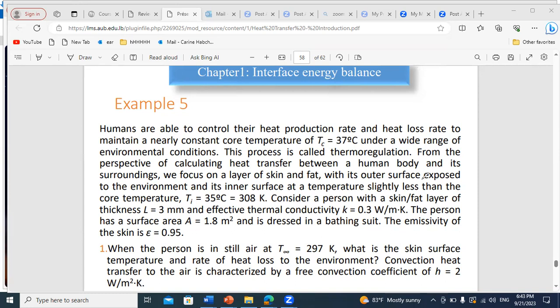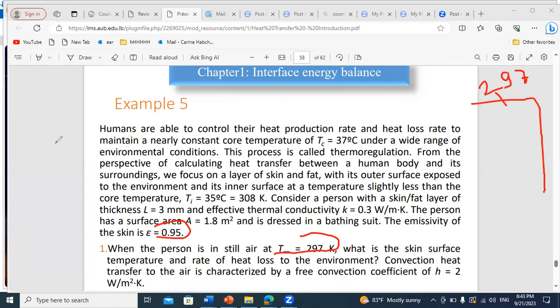So first, if we consider air, because they gave us the temperature of air, and we have also the emissivity of the skin, we can assume that the walls of the bathroom are also at the same temperature as air, which is 297 Kelvin. And we can say then that the heat loss from the skin is through convection and radiation.